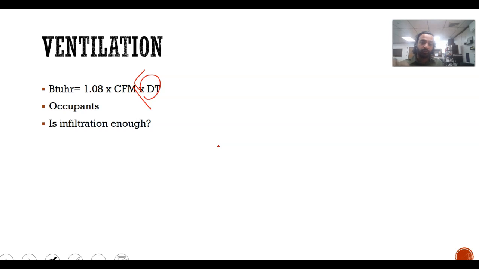The DT is going to be the temperature inside and outside, and that's going to be your BTU per hour. Is infiltration enough? No, it's not, so we have to compensate for mechanical ventilation. If you go in the book, there is a compensation for how much BTU you should add to your boiler for proper ventilation.